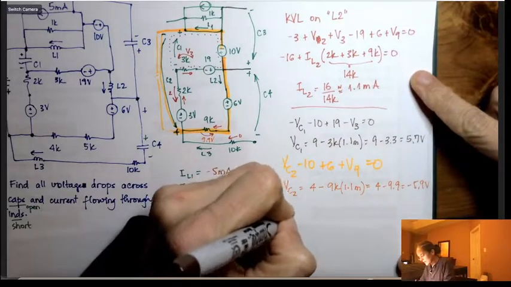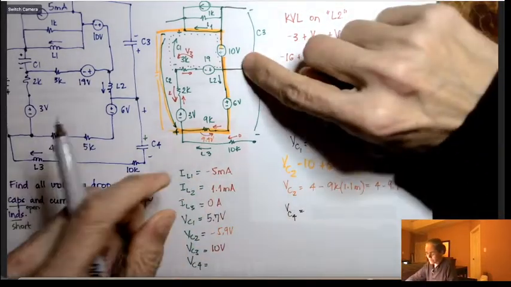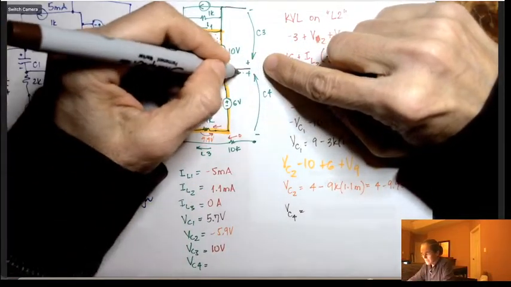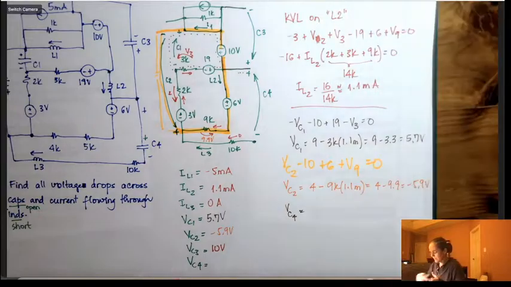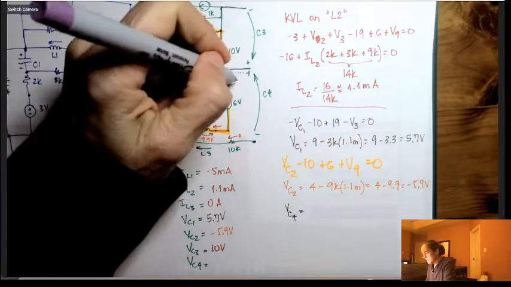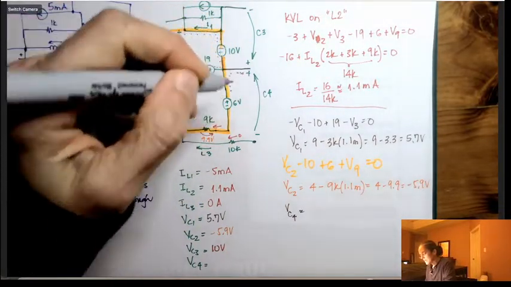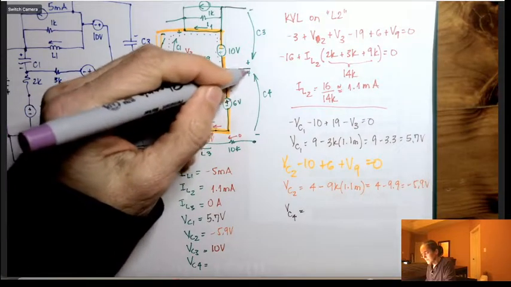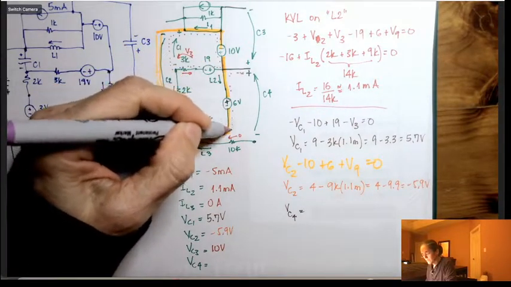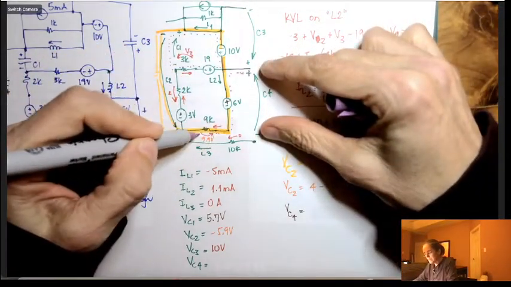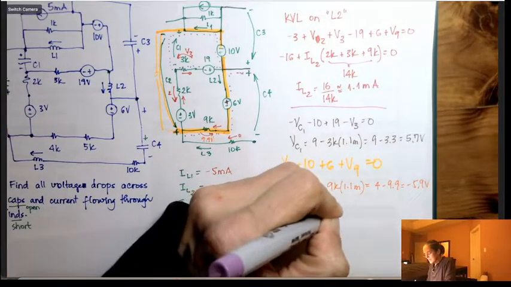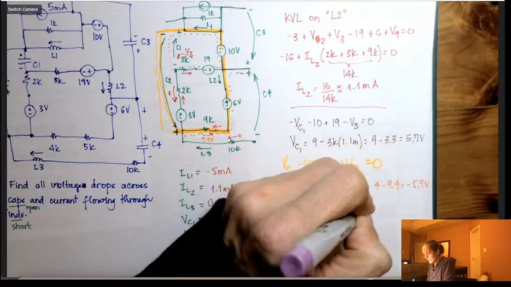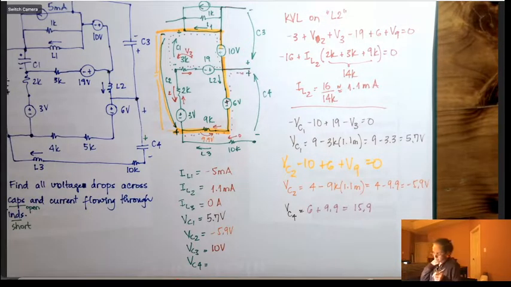I can see here where the plus is. I'm using the brown again, sorry, I meant to use some other color. For VC4, this plus is aligned with that guy, so there's 6 volts there, part of VC4, but there's also the 9.9 volts. So it's really 6 plus 9.9, which is 15.9 volts.